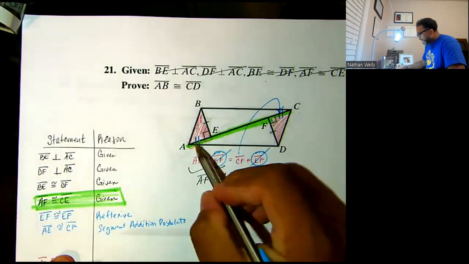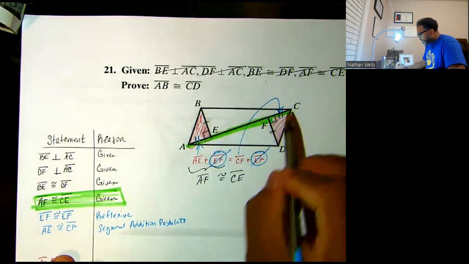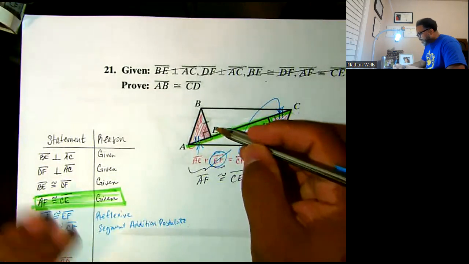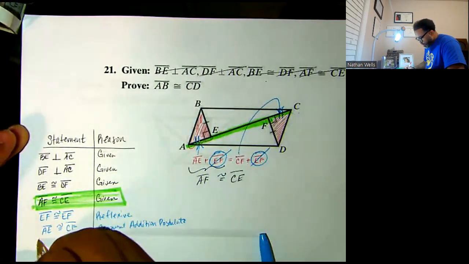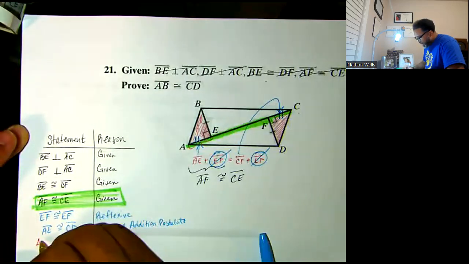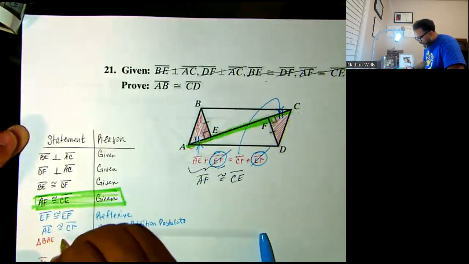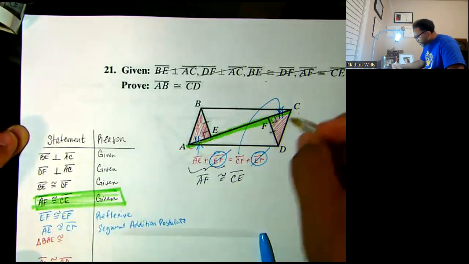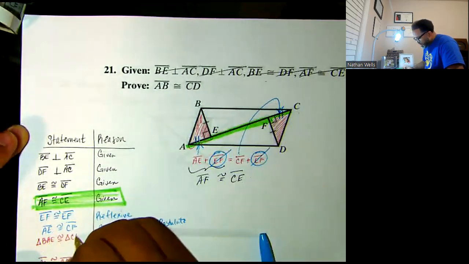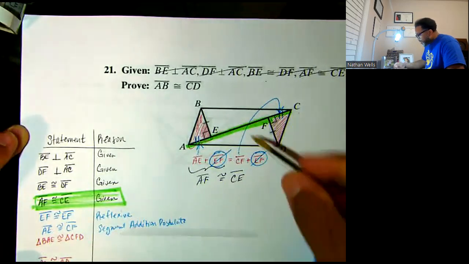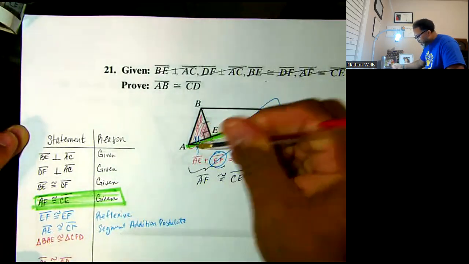And now that we have those equal to one another, I can now say that triangle BAE is congruent to triangle CFD by way of side, angle, side.